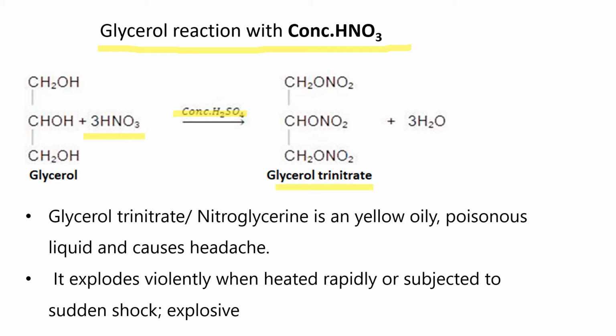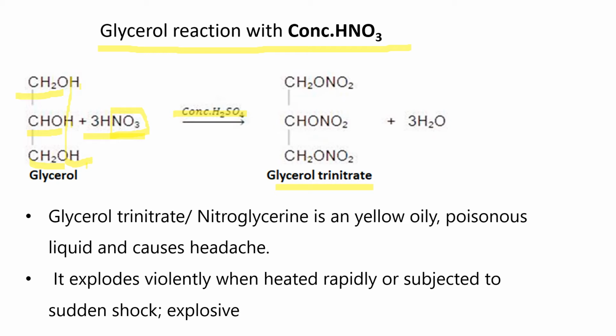So here you can see the OH group. So in the OH group, all the H has been removed, and what is remaining is CH2O, CHO, CH2O, right? And to that, which group is getting added? To that, NO2 is getting added. So NO2 to the first, second and to the third carbon.